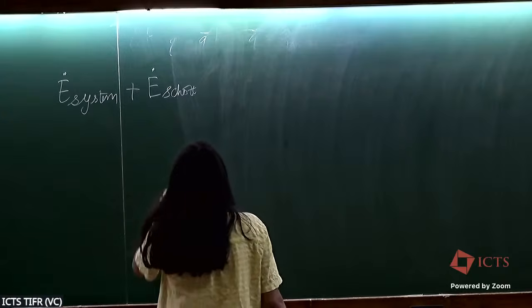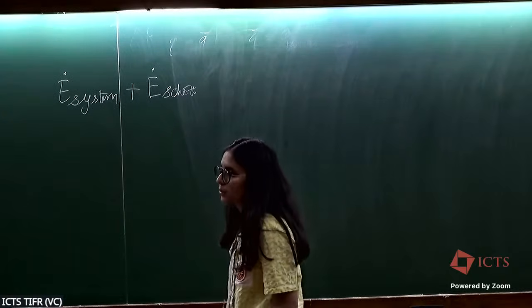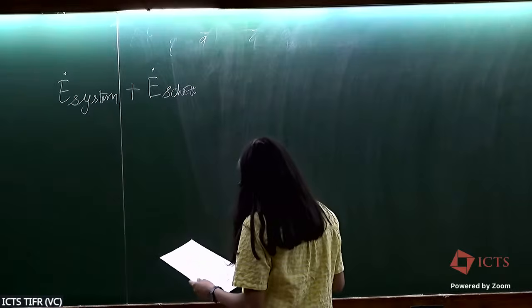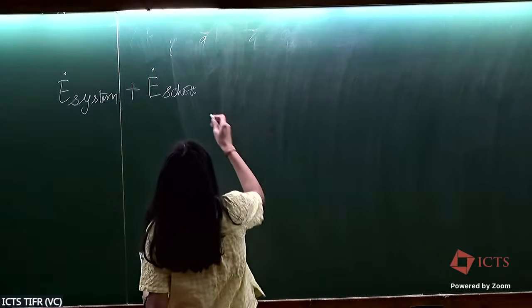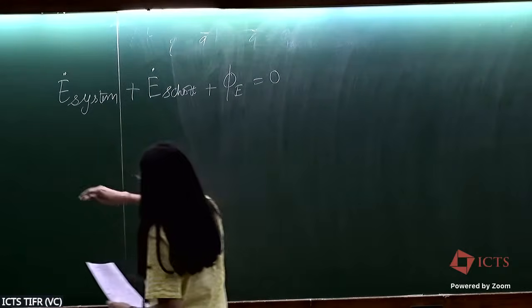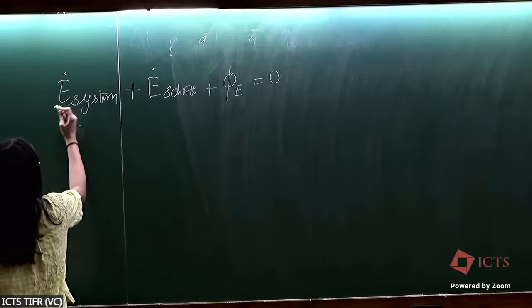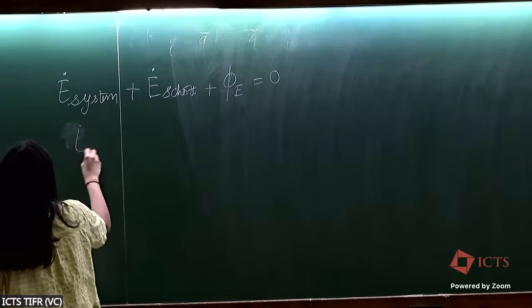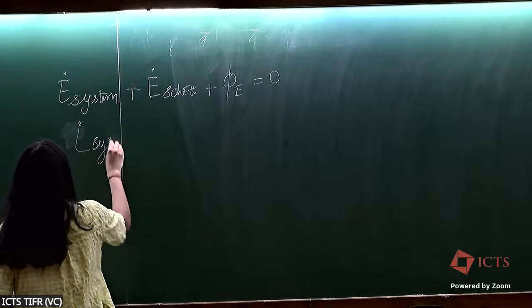And actually, the short terms were first computed in electrodynamics, not in GR. So if we have this equality, and then we have L dot of the system.